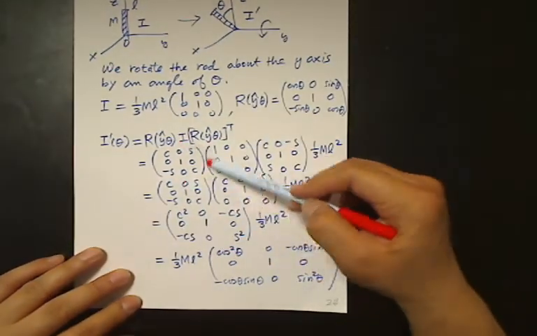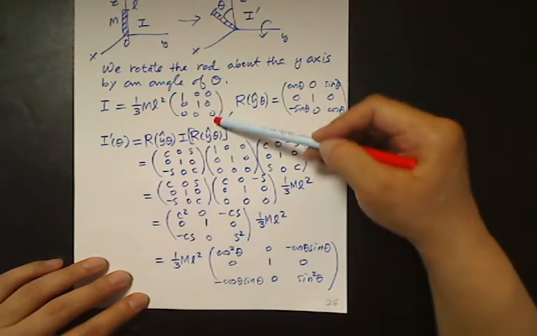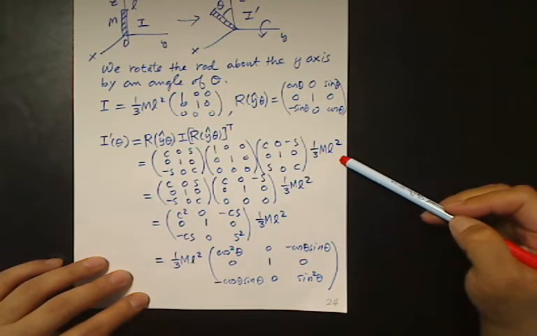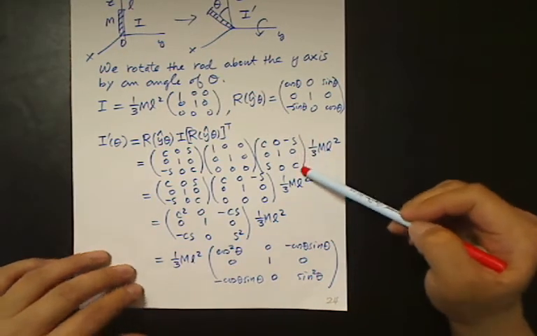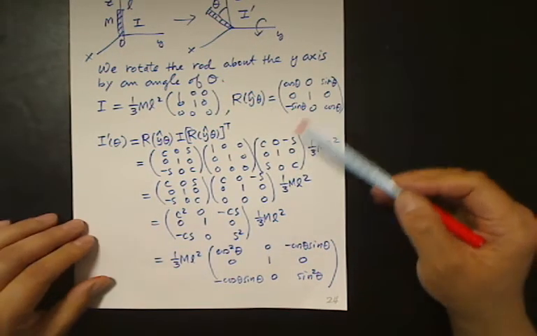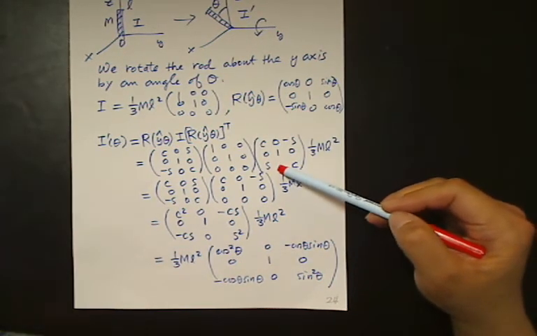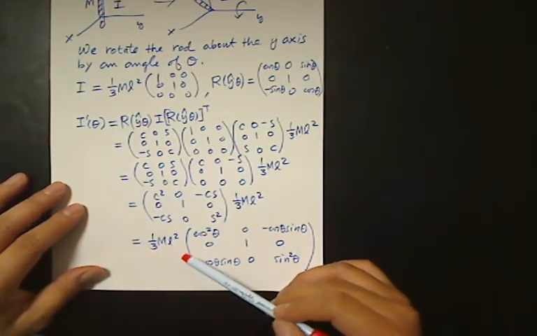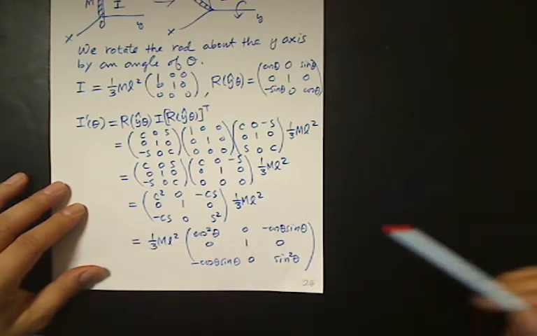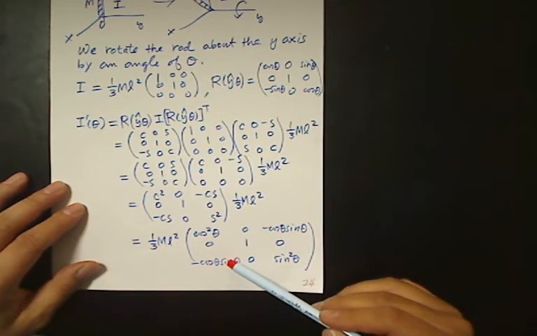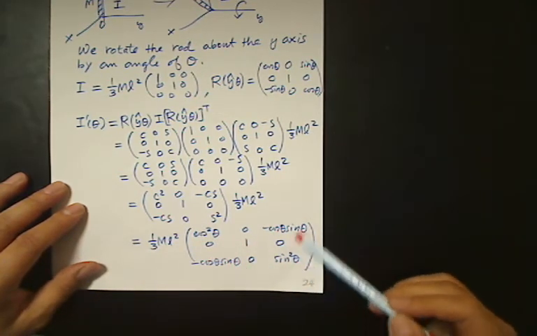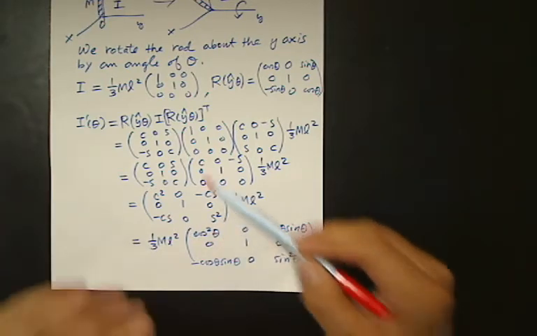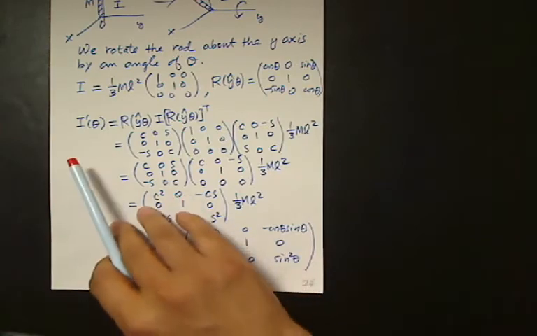The inertia tensor with normalization is multiplied in here, and the transpose is the inverse of that rotation matrix. The final result shows that we have 1/3 ml squared and non-vanishing pieces. When theta equals 0, sine theta becomes 0 and cosine becomes 1, and this reproduces the original value.